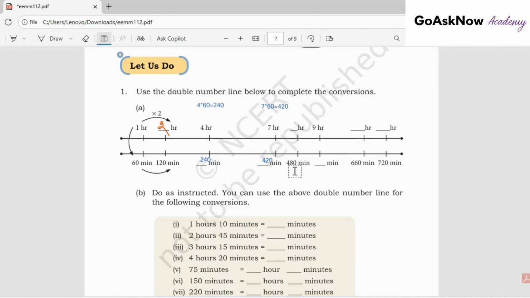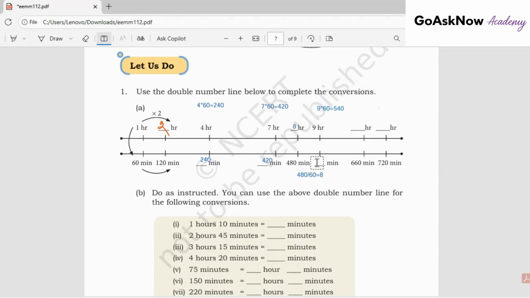Next, 480 divided by 60, which is equal to 8. Here the answer is 8 hours. Then 9 into 60, which is equal to 540.